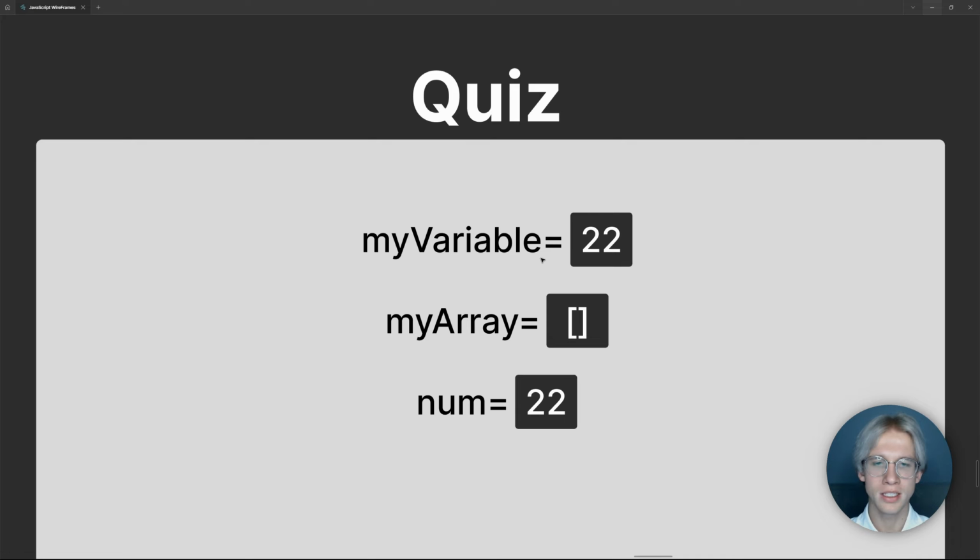The first variable is my variable, which contains the number 22, and numbers are primitive data types, so it means that when the variable num is equal to my variable, we actually copy and paste the value of 22 into a new memory cell. And we also have a variable myArray, which is equal to an empty array. So this is a reference data type, but it doesn't share this array with other variables. So it means that we don't have any shared memory between these variables.